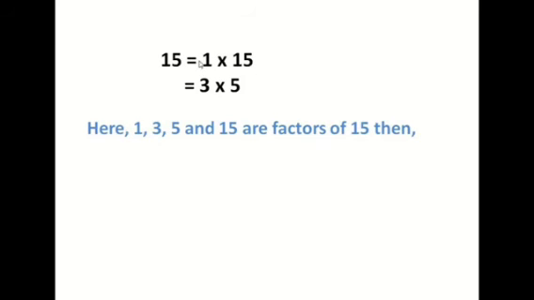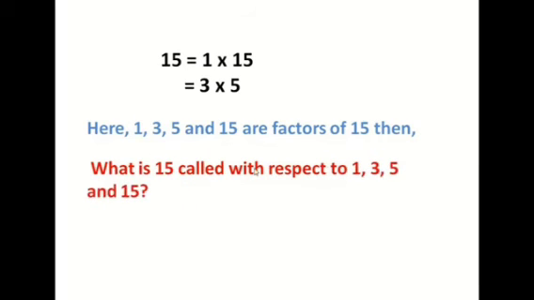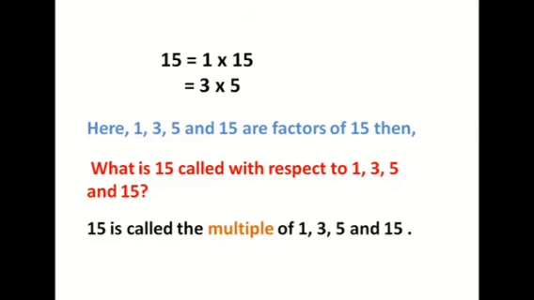With respect to 1, 3, 5 and 15, what can I call this 15? What do you feel? With respect to these factors, 15 is called the multiple of these numbers. Okay. So 15 is called the multiple of 1, 3, 5 and 15.